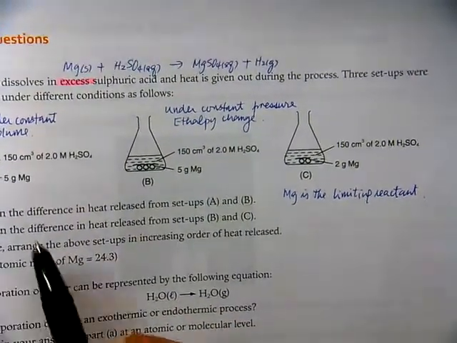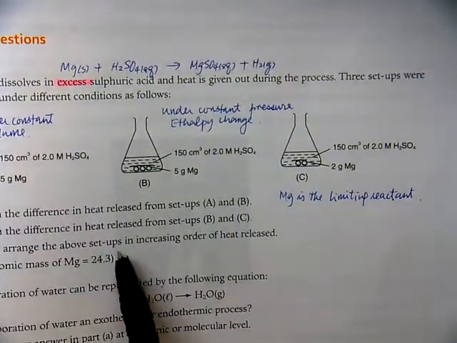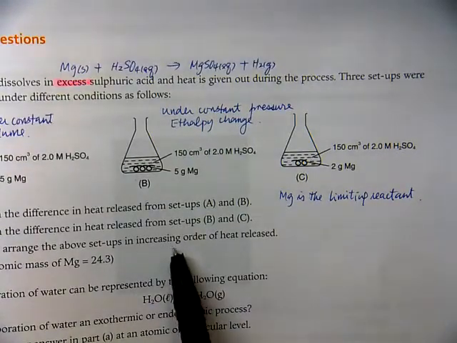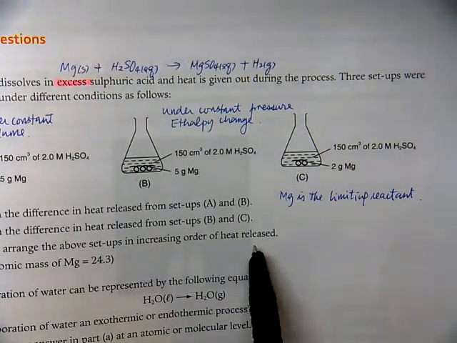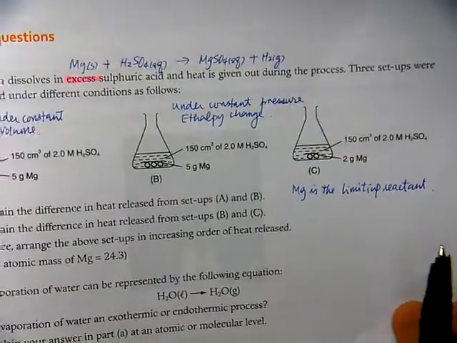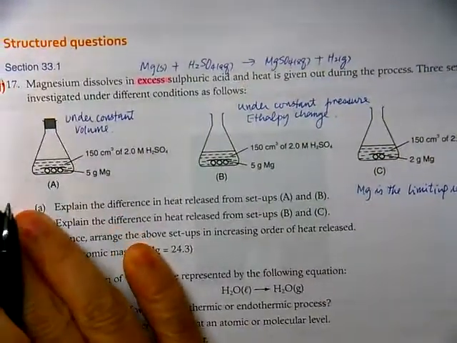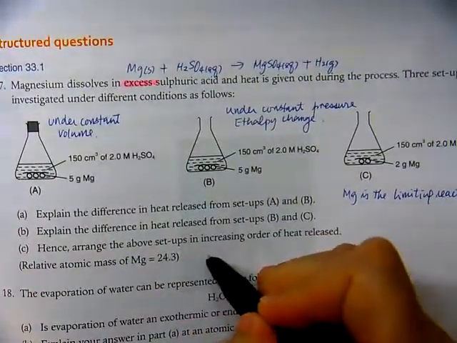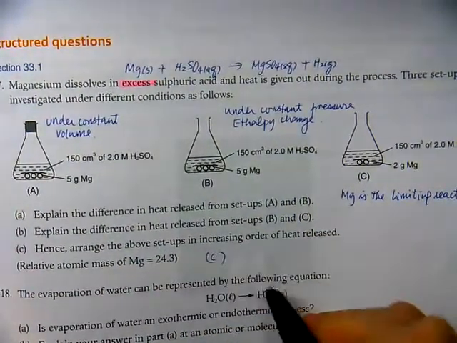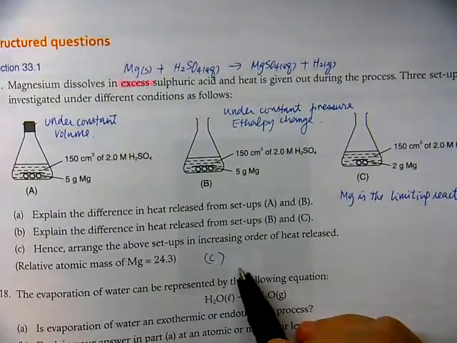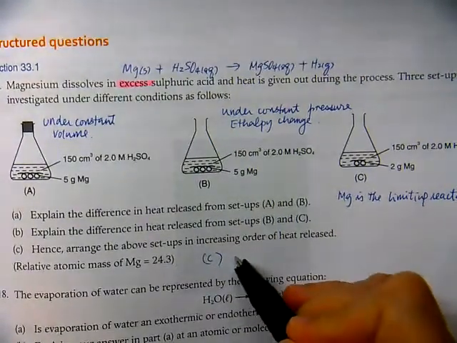Hence, last one. Hence, arrange the above setups in increasing order of heat released. Increasing order. That means start from the smallest one, which is setup C, because it used the smallest amount of magnesium.